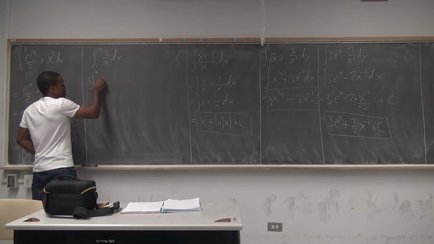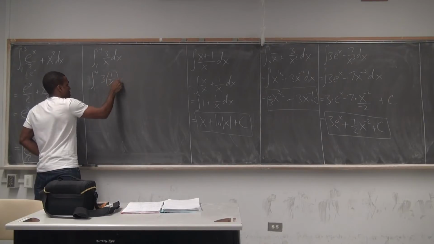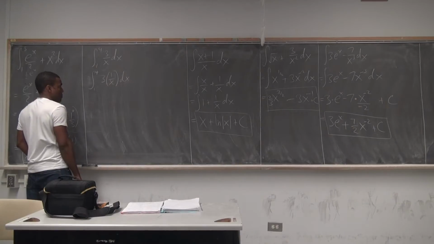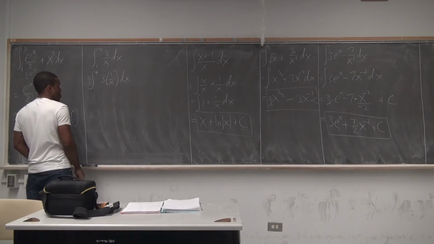Like this. This is 3 times 1 over x. Does that help? Oh yeah. 3 ln of x.